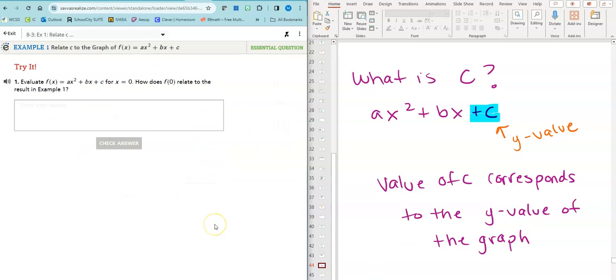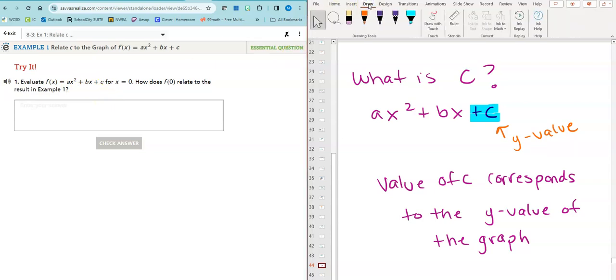So when we go and practice this, you're going to take a look at this equation right here. Or I'm sorry, this is just the standard form of quadratics, like the parent or the basic function here. We're going to evaluate this if x is 0. So if I go and replace x with 0, let me actually go over here and show you.